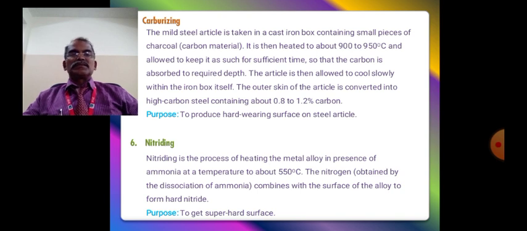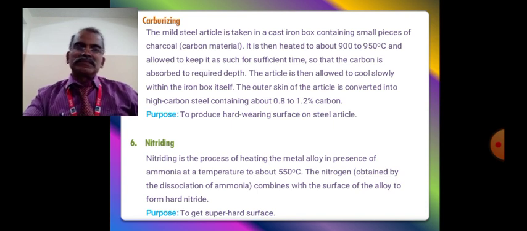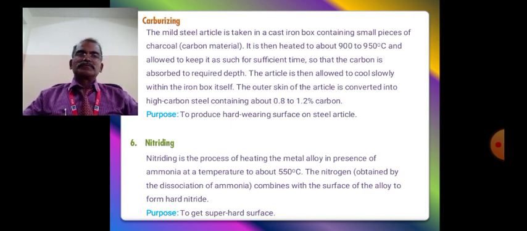The next process is nitriding, heating the steel article in the presence of nitrogen, so nitrogen is added to steel.